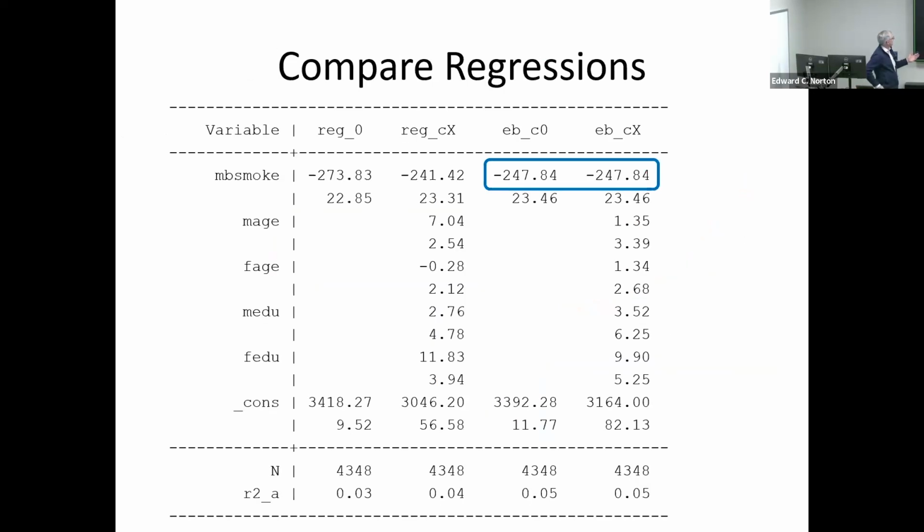And then again, when we run regressions, this is the simple regression we got before. This is the regression that throws in these 4 continuous variables. This is with entropy balance and no covariates, entropy balance with those 4 covariates. And again, we match perfectly on the coefficient on treatment, and we get about the same standard error.